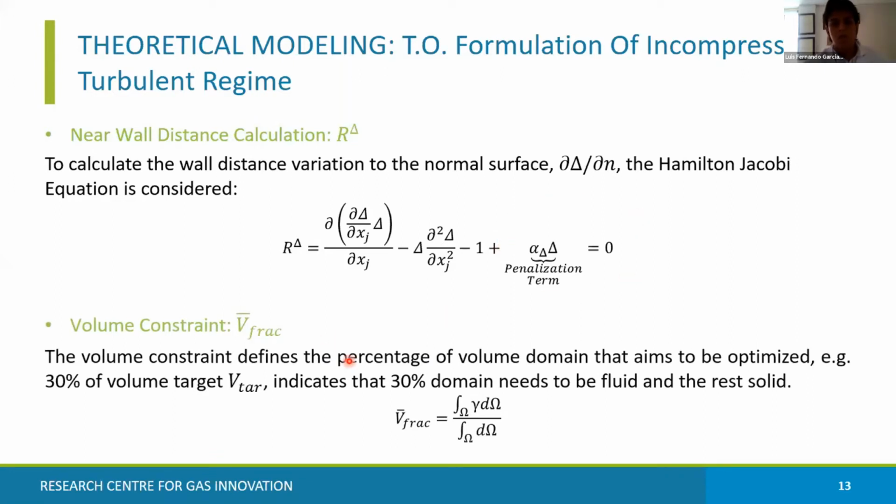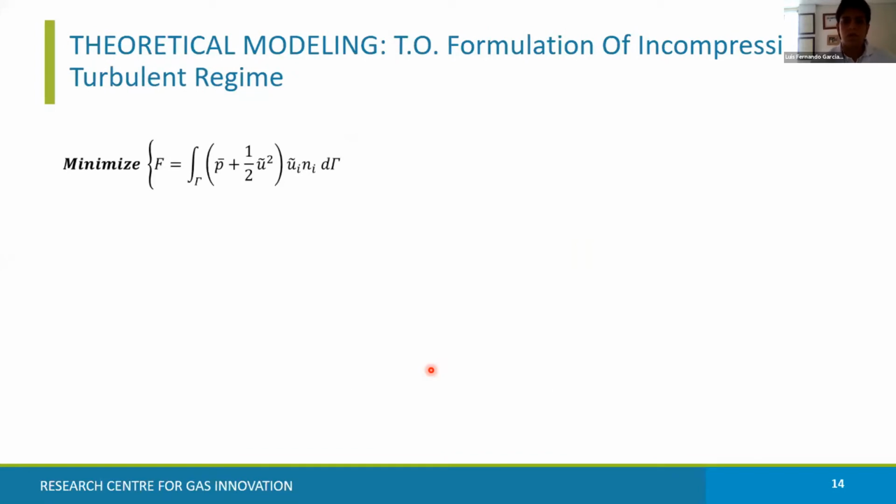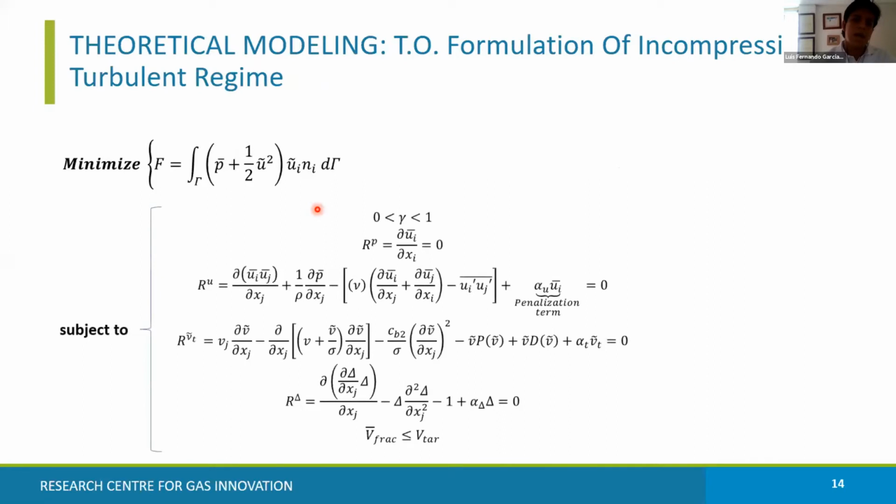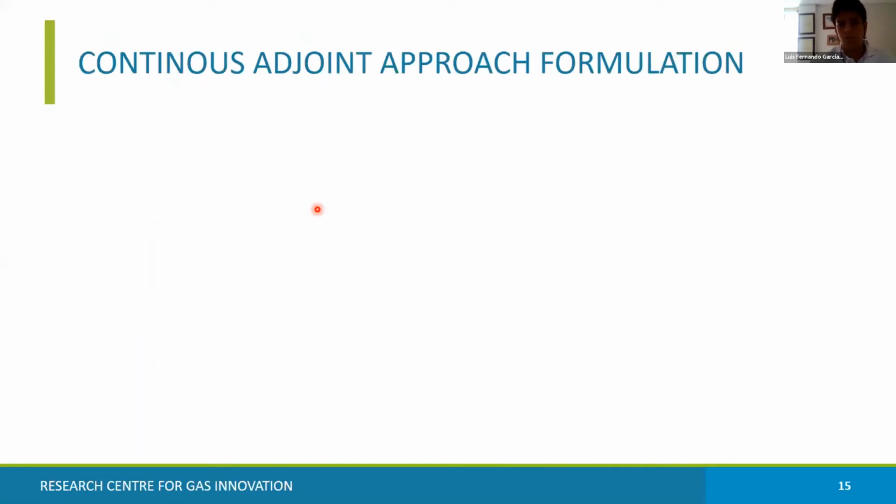We have also included the volume fraction constraint, which helps us indicate the percentage of the domain that needs to be optimized. For example, we say, okay, 3% of the whole domain can be fluid and the rest should be solid. What we want to do is minimize the energy dissipation between the inlet and outlet boundaries, and everything has to be subject to the previously mentioned constraints.